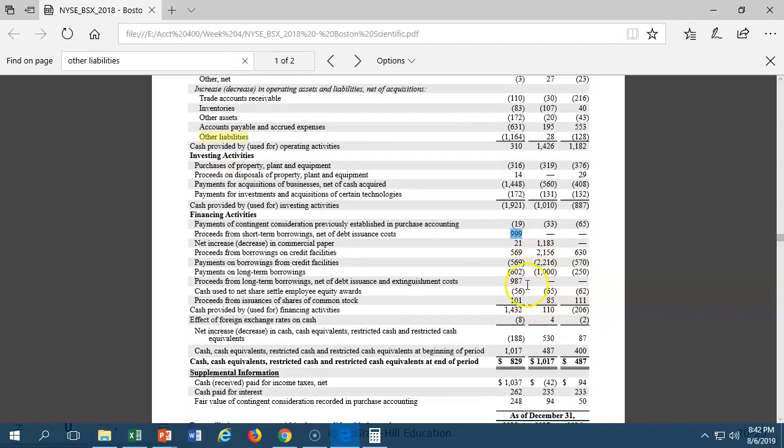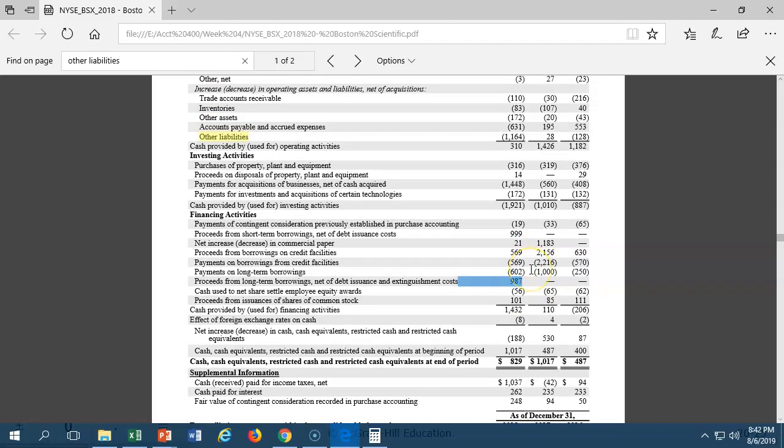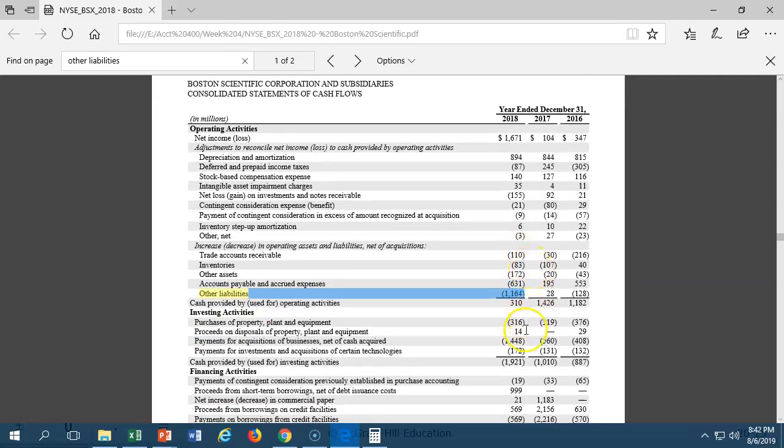Proceeds from long-term borrowing: same thing here. I would be researching why they had to borrow money. More than likely it's a combination of various things, but mainly this other liability and the acquisition would be the top two.